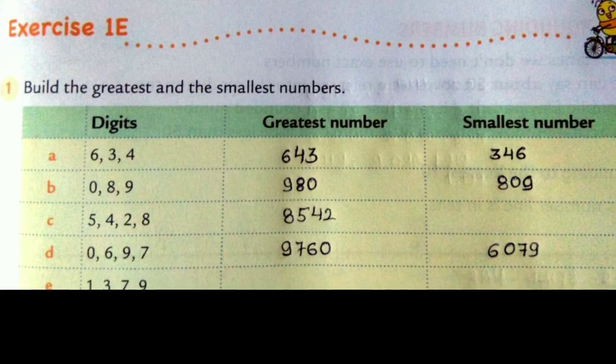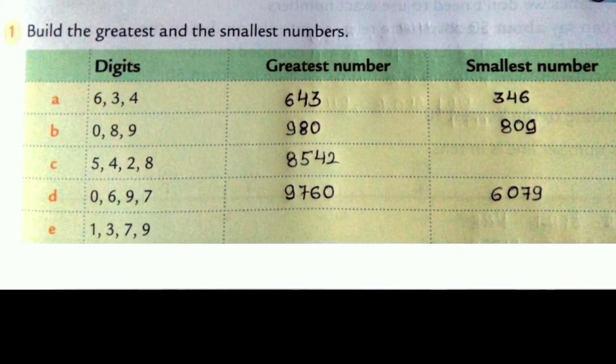See, a table is given here. First question, build the greatest and the smallest number. Here columns are given. In the first column the digits are written, then greatest number, then smallest number.